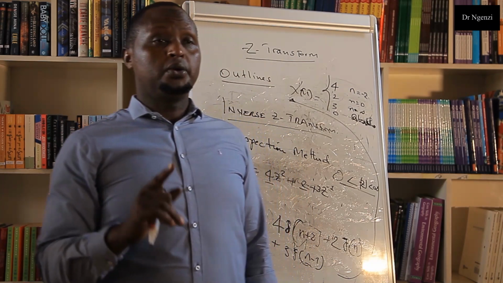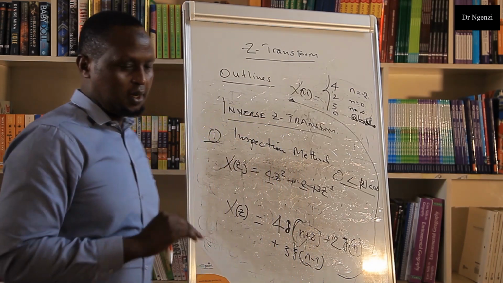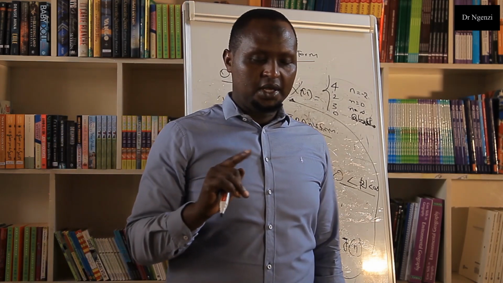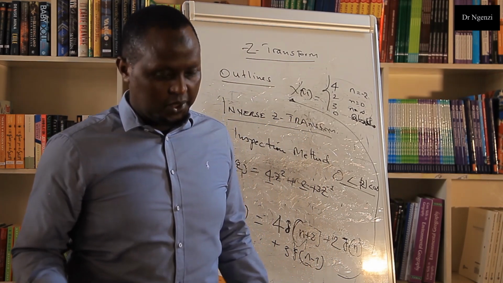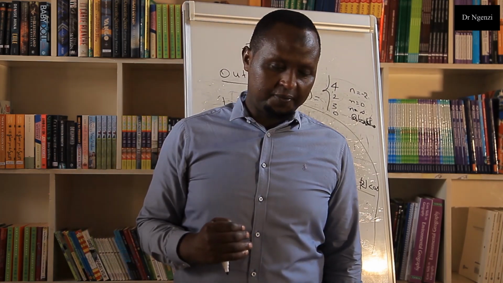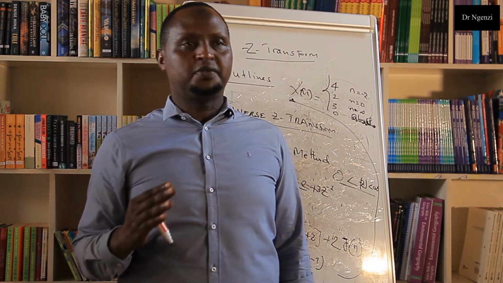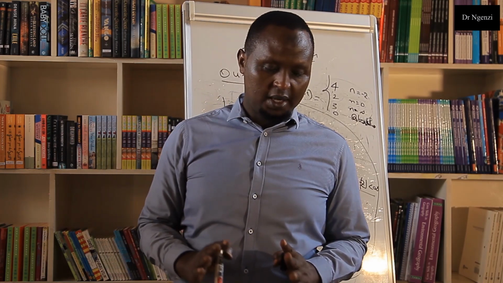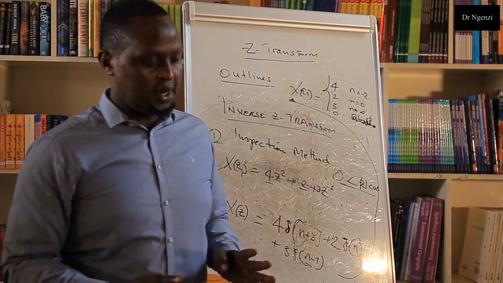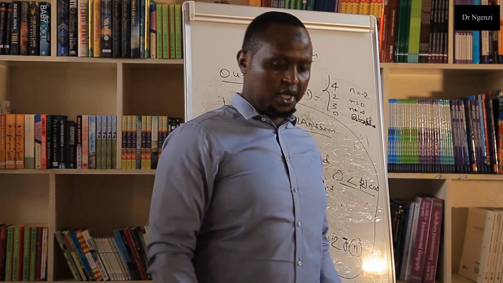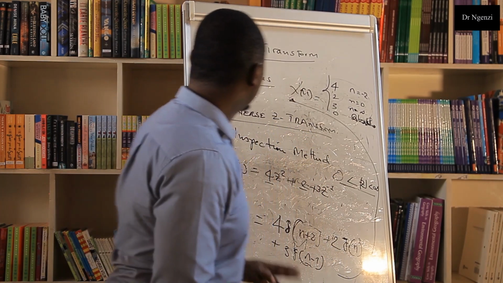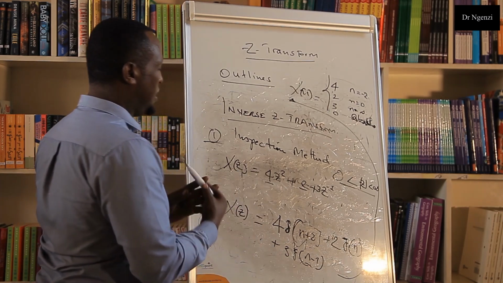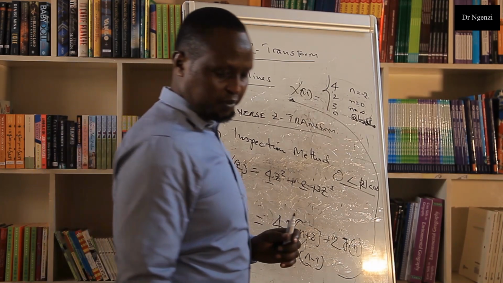And therefore you can perform the other steps that we said. Step number 1, you divide both sides by z. Step number 2, you use partial fractions. Step number 3, you multiply both sides by z, and step number 4, you can obtain your inverse. So to deal with this particular number, you can perform 4 steps.